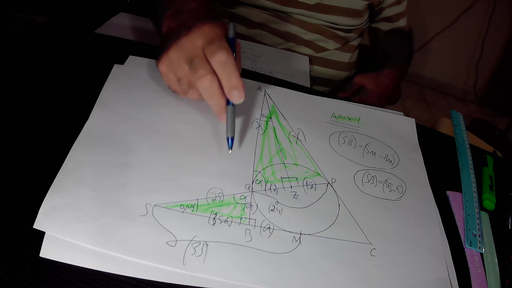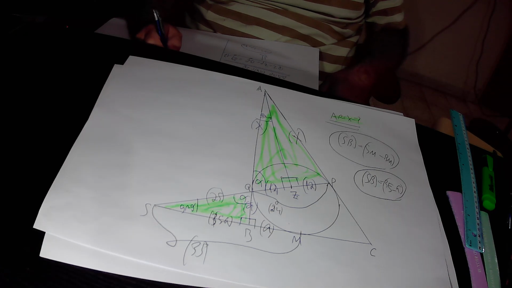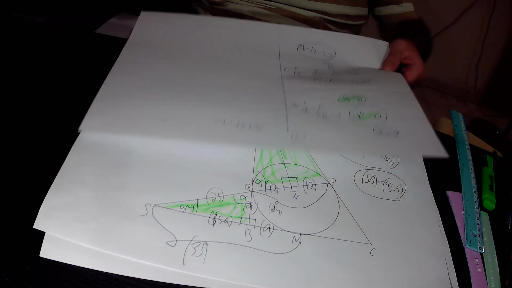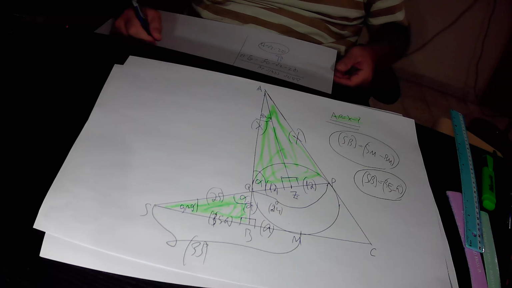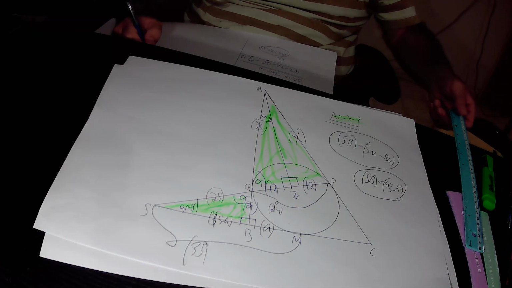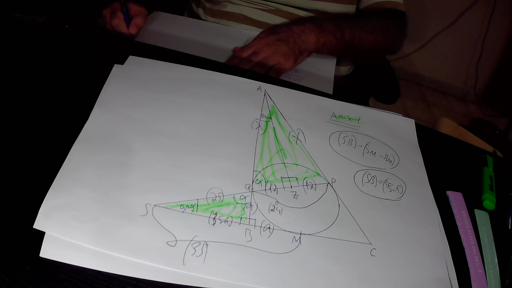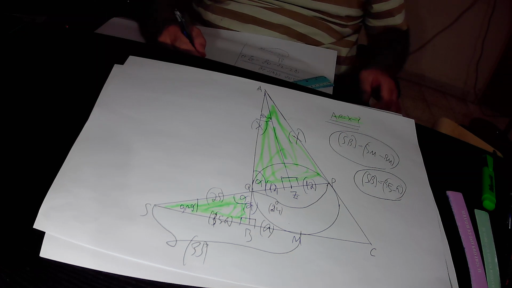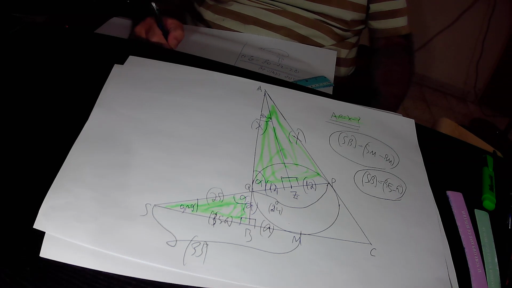The right-hand triangle QBS is similar, this is the sign of similar, to this right-hand triangle AQZ, according to the angle similarity rule.